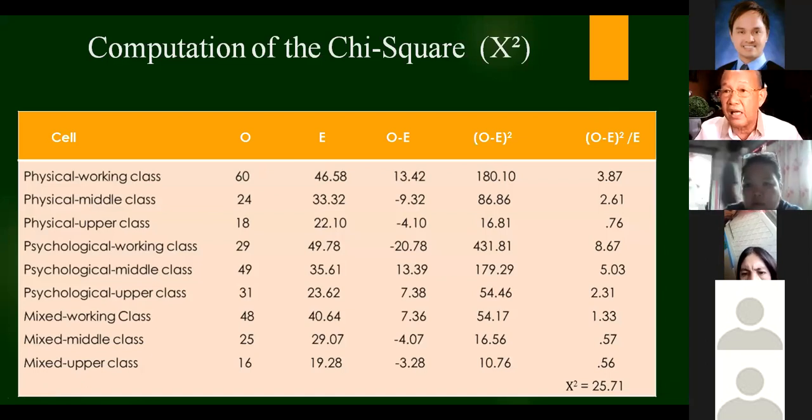Kaya lang, our lesson now is correlation coefficient. And you will notice, pagka correlation coefficient, the coefficients will range from 0.01 but never higher than 1.00. Yan lang ang range ng coefficient.